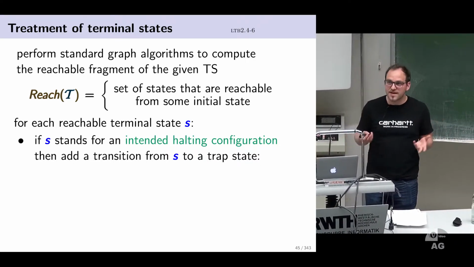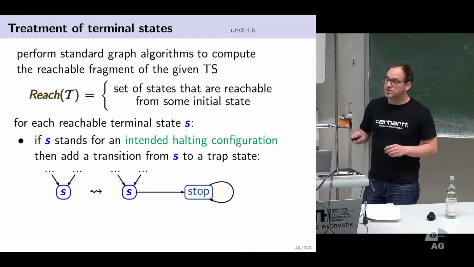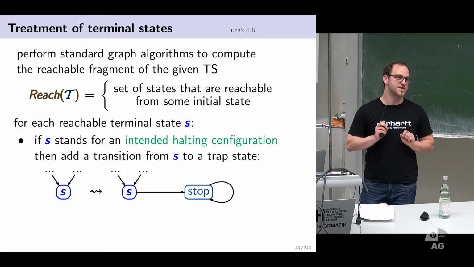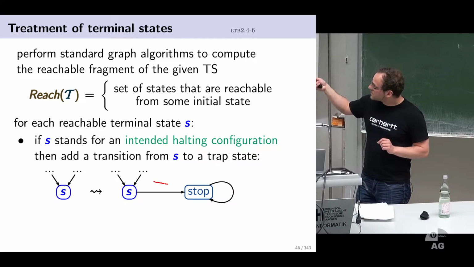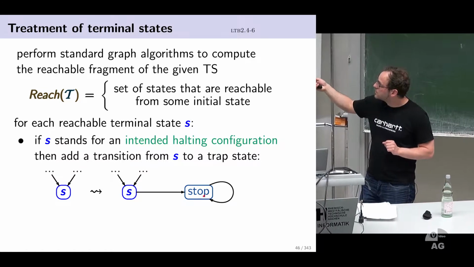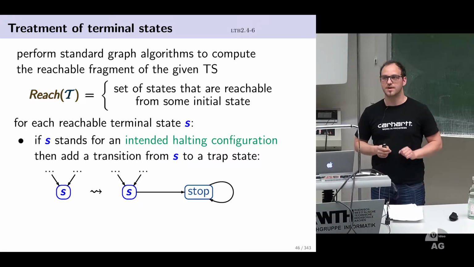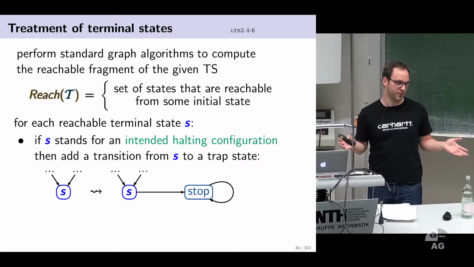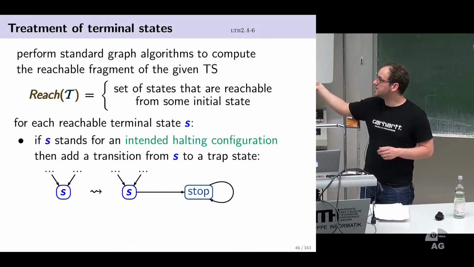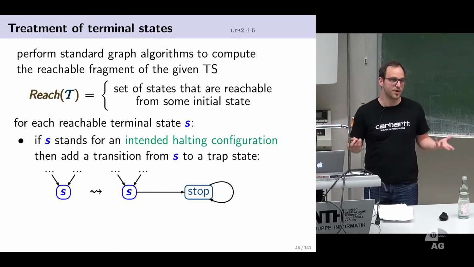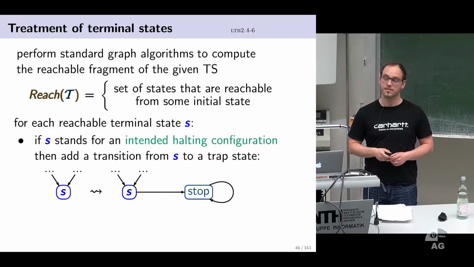It's kind of intended that your program terminates, potentially at least. What do we do then? We're going to modify the transition system slightly by adding a transition from this terminal state to some kind of special stop state that indicates your system has terminated properly, if you will. And by equipping this state with a self loop, you already see that we've got rid of the terminal states that fall into this category in our transition system.